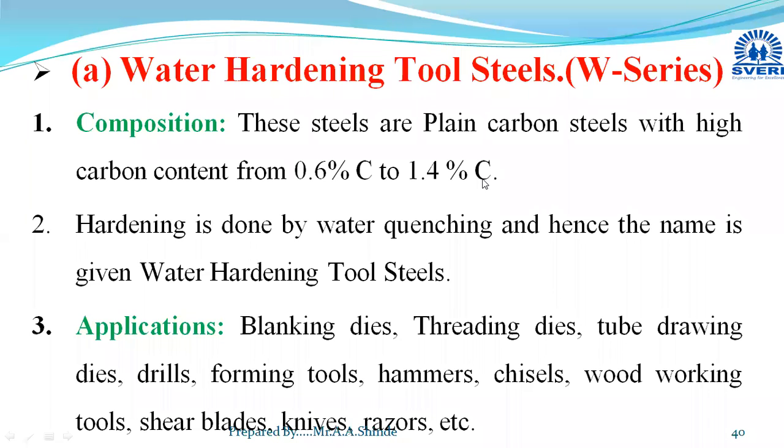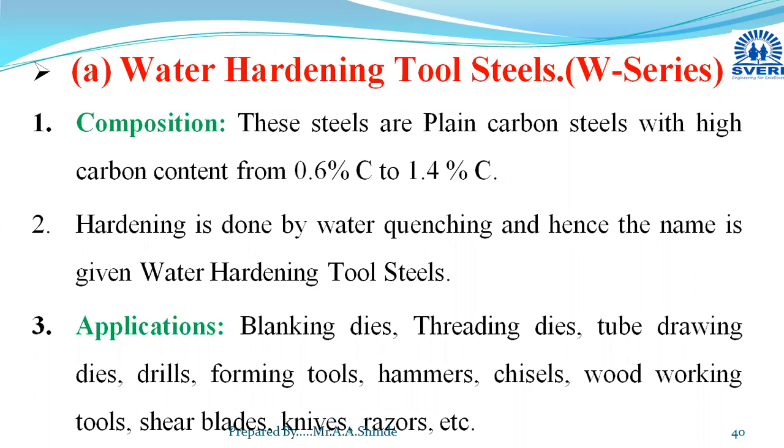Whenever your working conditions require good impact characteristics or good shock loading characteristics, then you should go for a lower carbon percentage. And if in your applications you require high wear resistance or maintenance of sharp cutting edges, then you should go for a higher carbon percentage.